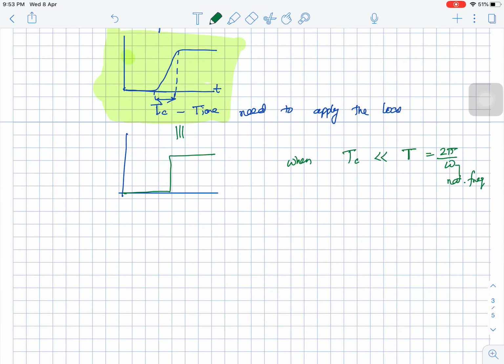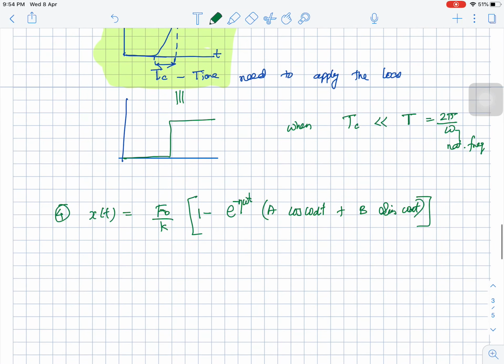Finally, we have the equation x of t equal to f naught by k times 1 minus e power minus eta omega t of a cos omega dt plus b sin omega dt. So yeah, this is the equation we had.